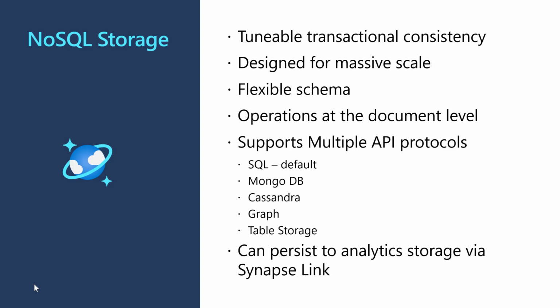Specifically, this tunable transaction consistency is an interesting one. So you can dial the consistency model for an individual collection in a NoSQL database up or down, depending upon your requirements.